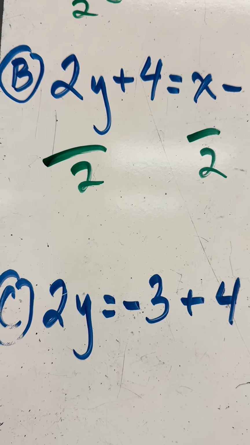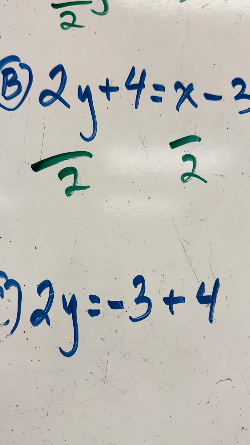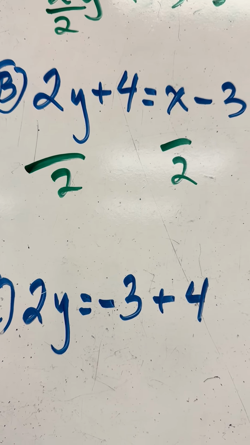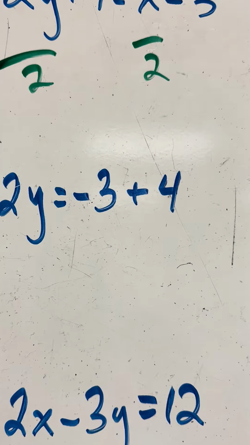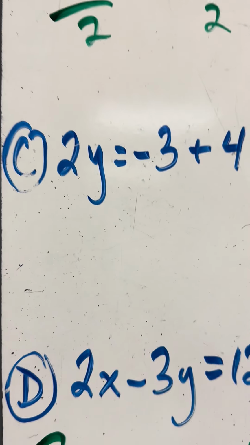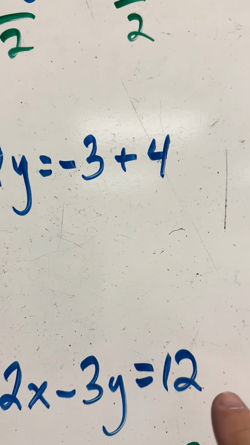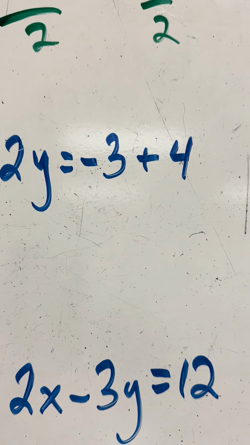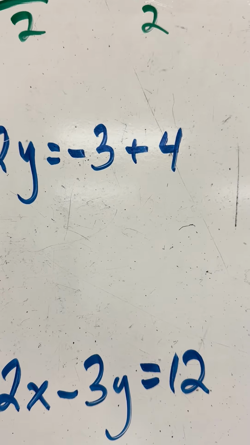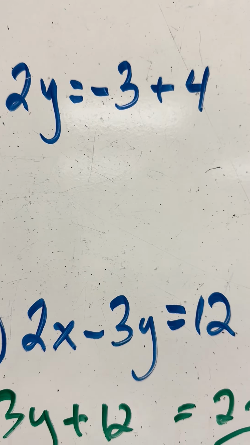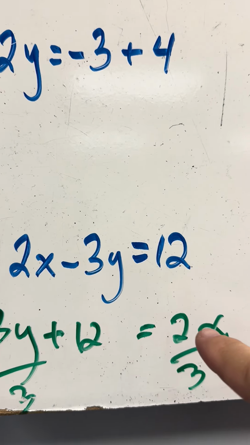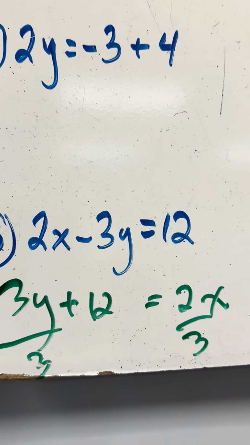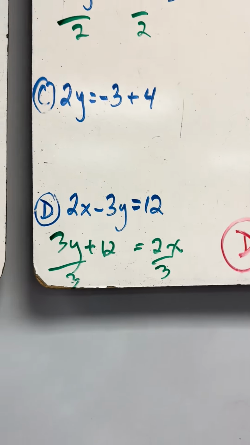Here, notice, -3 plus 4, there's no x, which means there's no slope. So forget that one. Here, all right, if I add 3y to both sides, I'll have 3y plus 12 equals 2x. Okay, 3y plus 12 equals 2x. If I divide by 3, notice the slope will be 2/3. So there's my answer, D. Okay.